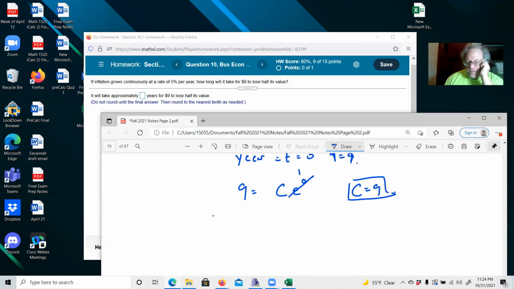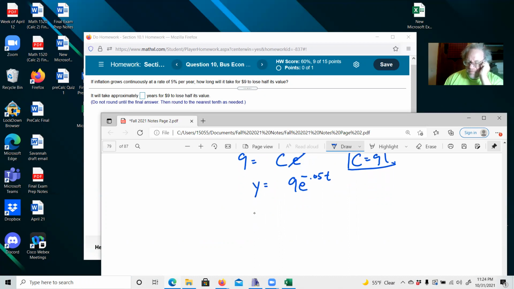So our value is equal to 9e to the negative 0.05 t. And now we want to know when we lose half of our value. What's half of 9?